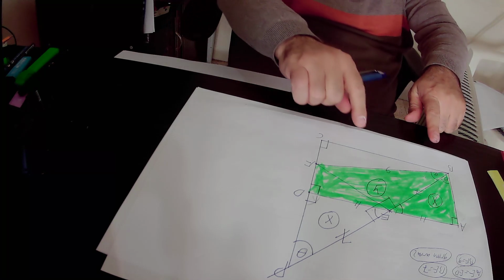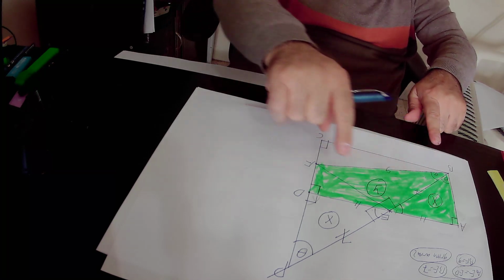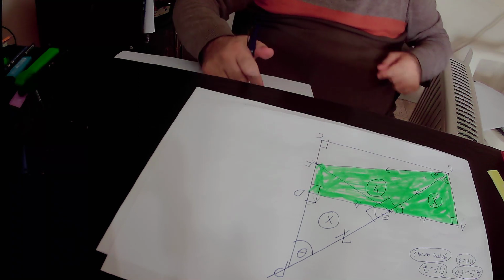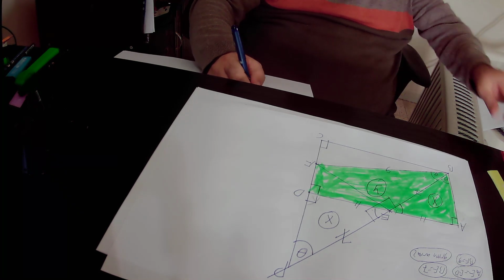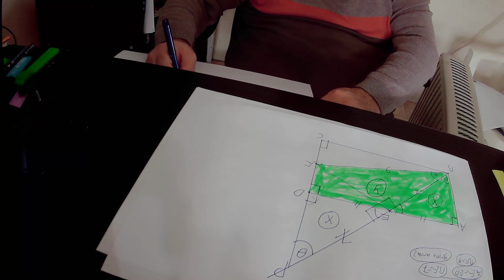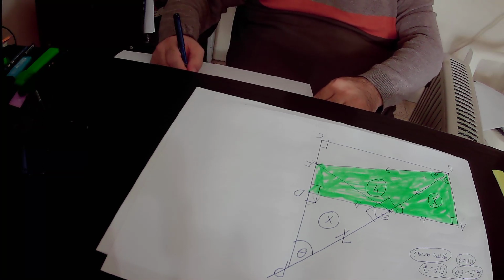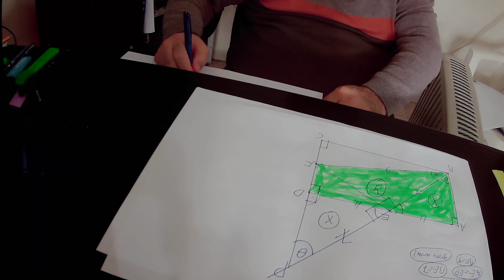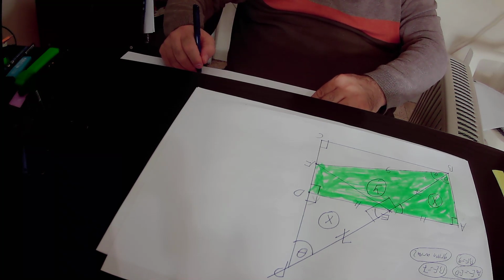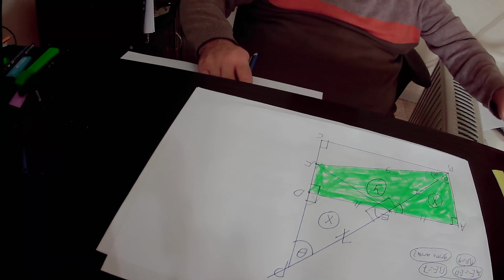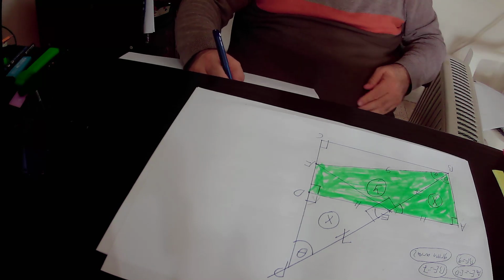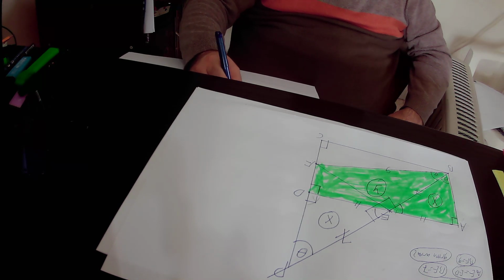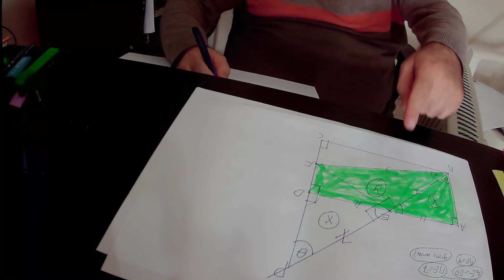The hypotenuse in the green right triangle BEF is BF, therefore the square of the hypotenuse is BF squared, and it equals the sum of the squares of the perpendiculars. That is to say, it equals BE squared plus EF squared.